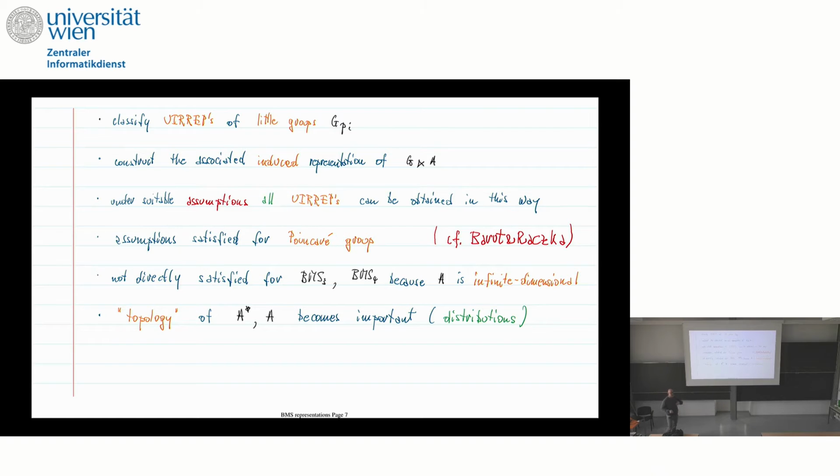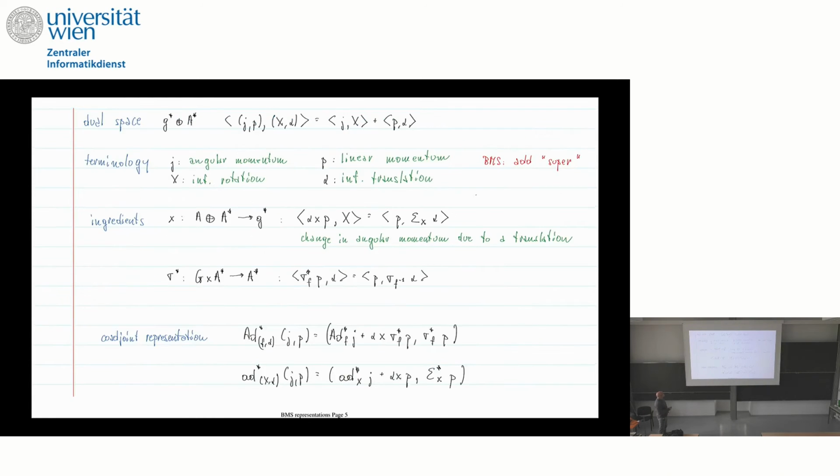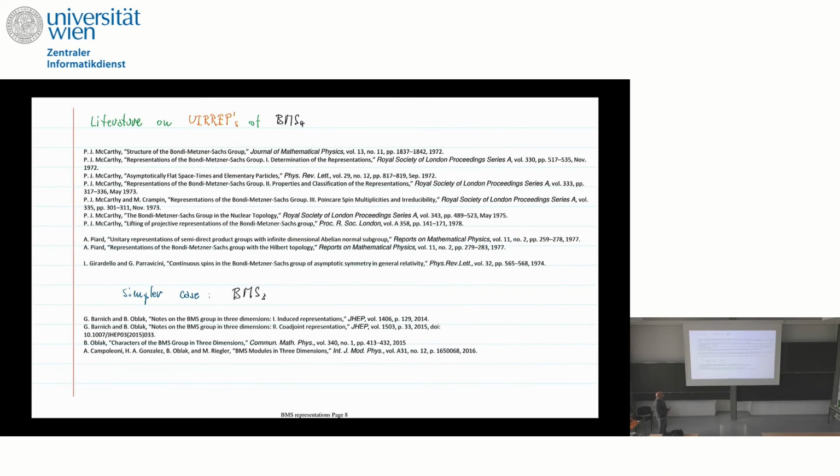BMS3 is very naturally diff S1 semi-direct. But of course, you can study SO21 and supertranslation in a way, and then you are in exactly a lower dimensional setting, where instead of square integrable functions on the sphere, you have square integrable functions on the line.